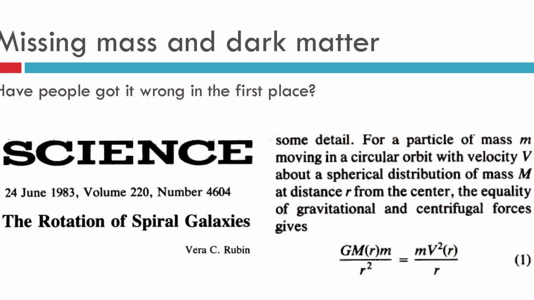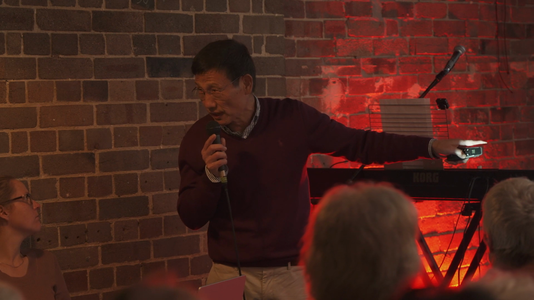Now, what's the impact? That relates to one of the biggest problems in physics, the missing mass or dark matter problem. You can figure out whether any mass is missing or whether there is something wrong with the calculation. So that's what I demonstrate.